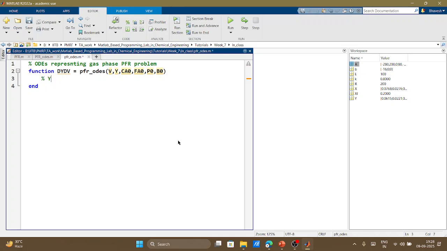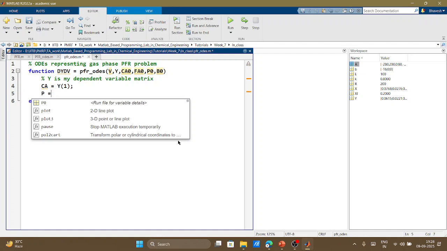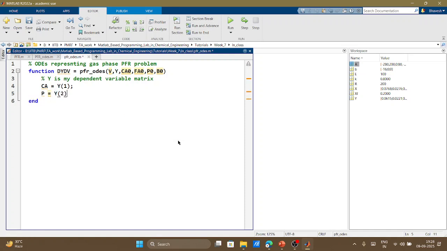Here y is my dependent variable matrix, right? So my first variable will be y comma 1, and my P value will be y comma 2.